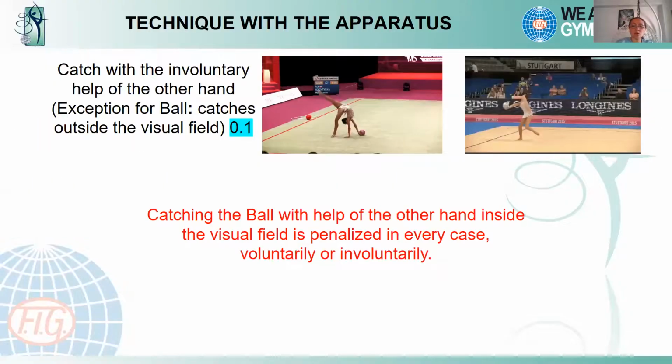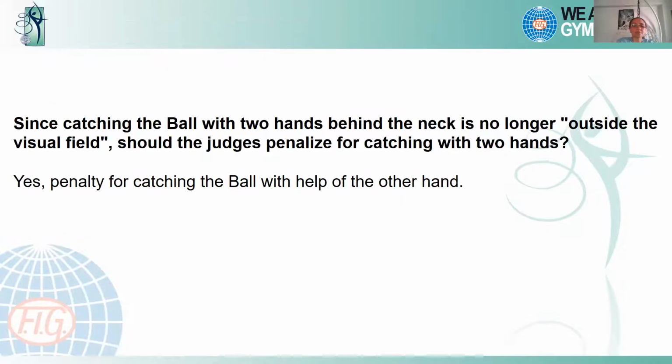This is also a penalty. Remember that a catch with 2 hands outside here is no longer outside. Only with straight arms is outside. This is no longer outside the visual field. This is a penalty. Two bent arms is a penalty, 0.1. So is this a penalty? Yes, it's a penalty for catching the ball with the help of the other hand.